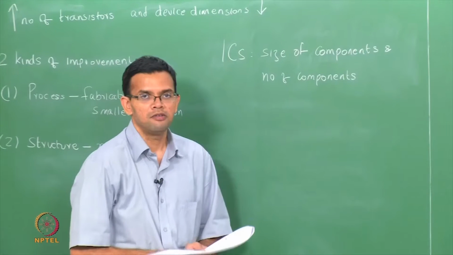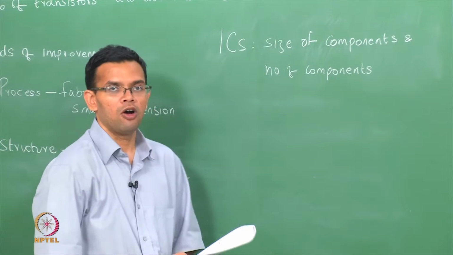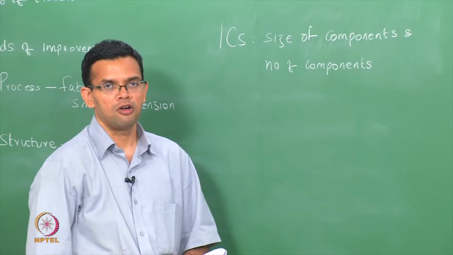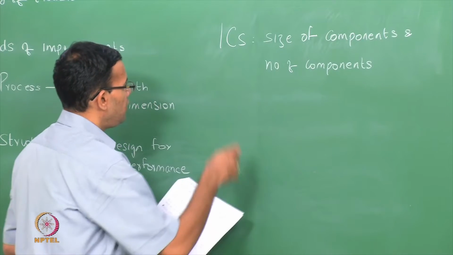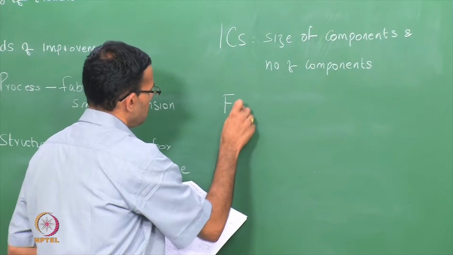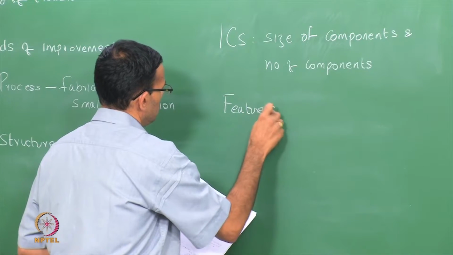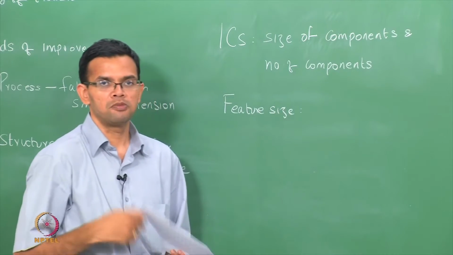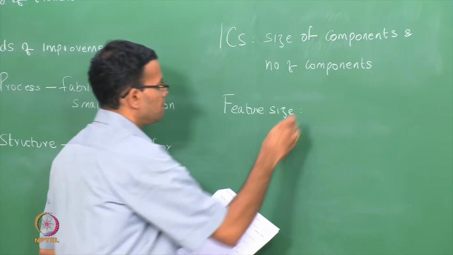Earlier the feature size was usually of the order of micrometers. Now the size is around the order of nanometers. So feature size in an IC circuit usually refers to the smallest dimension in the device.